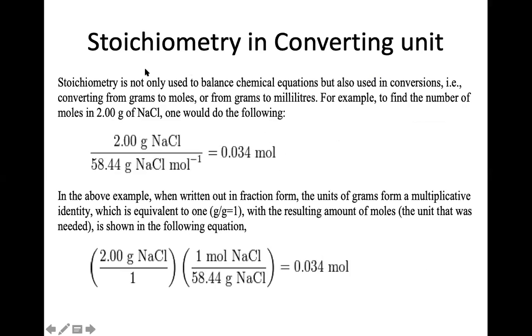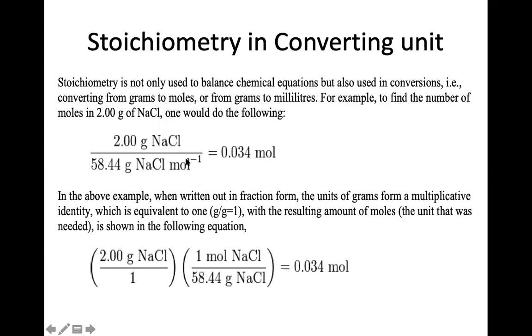Stoichiometry in converting units. Stoichiometry is not only used to balance chemical equations, but also used in converting from grams to moles or from grams to milliliters. For example, to find the number of moles in 2 grams of sodium chloride, one would do the following. That means 58.44 grams of sodium chloride per mole.